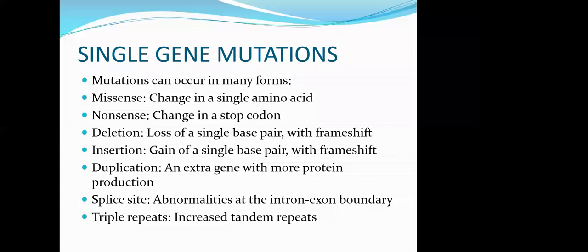So let me just proceed so that you can see examples. Mutations can occur in many forms, okay? And remember what we said, mutation is an alteration from the normal. So a missense mutation is a change in a single amino acid.